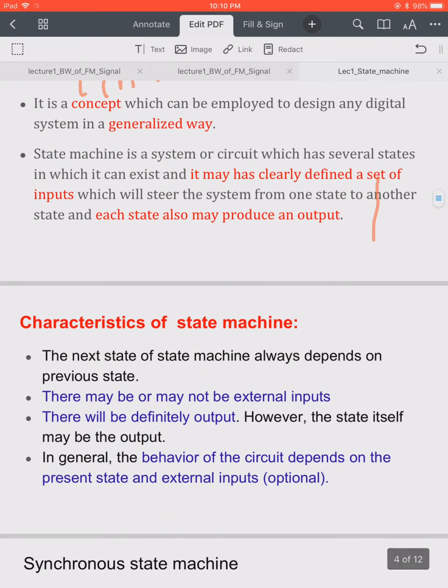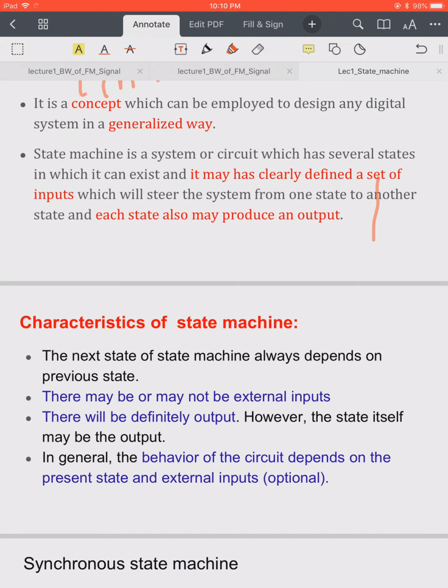In general, the behavior of a state machine will depend on the present state and the external inputs. But these external inputs are again optional. Some state machines may have external input, some may not. The next state of a state machine always depends on the previous state, and there may or may not be external inputs.